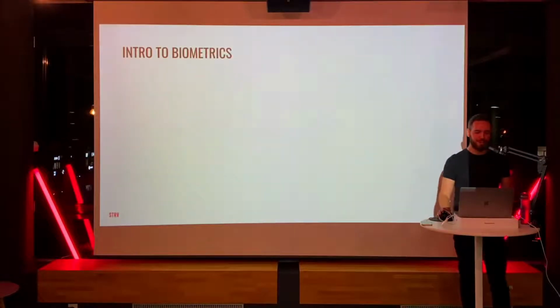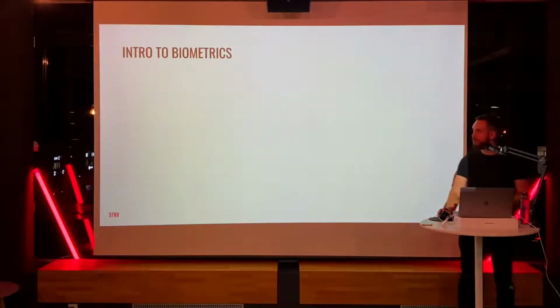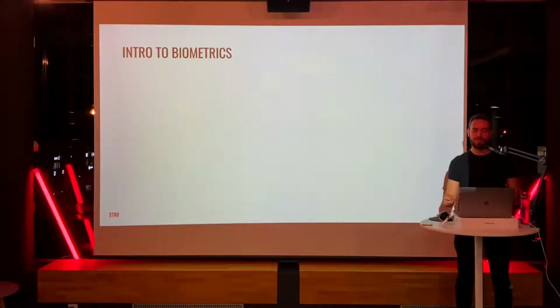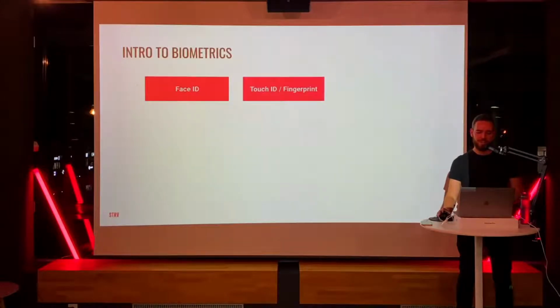So let's start with biometrics. When we talk about biometrics, usually in mobile terms, we chat about Face ID, Touch ID, and in the case of Android, they call it fingerprint. And previously, we also had iris recognition, which Samsung introduced for some of their Galaxy phones, but this is not used anymore, so we can leave it out.